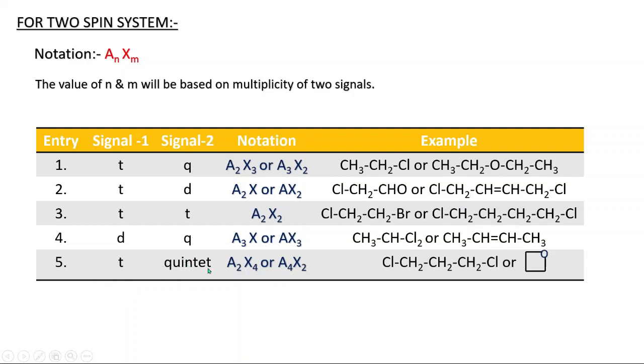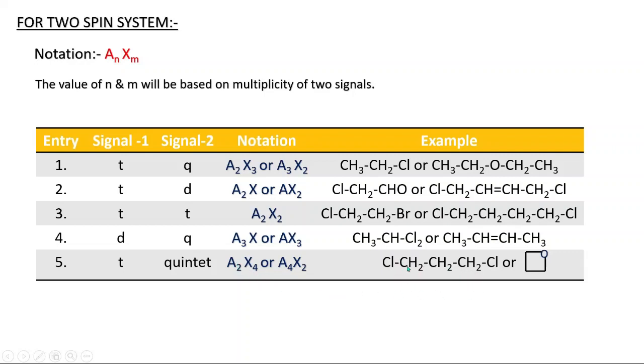Now in this example the notation is A2X4 and A4X2, both are similar. If you see this molecule, this CH2 will give a quadruplet, sorry, not a quadruplet, a quintet, because there are 4 neighboring protons, and these 4 hydrogens, that's why X4 is written.